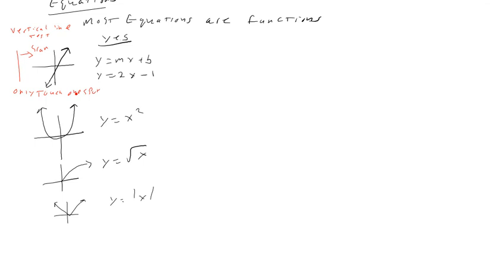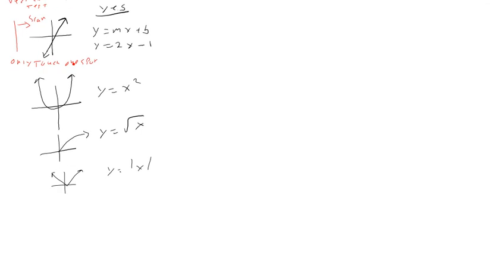Even an equation like y equals 6, our straight line, that's a function. It still passes our vertical line test. Y equals 6, also a function. So all of these are fine.